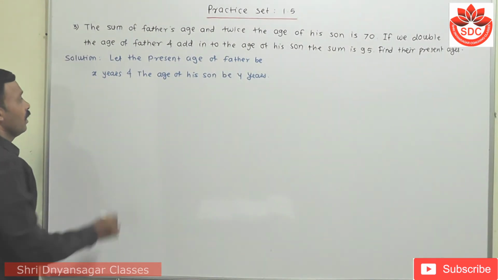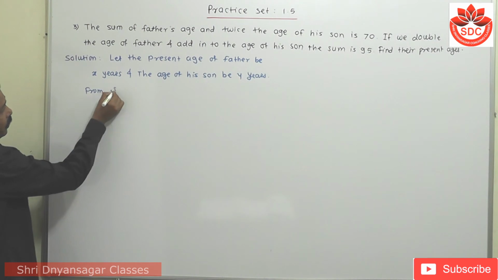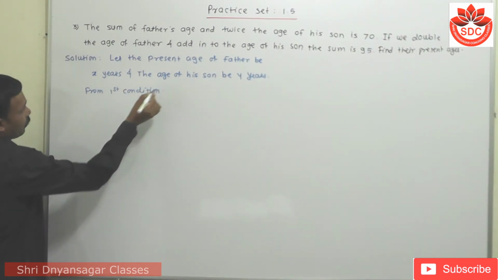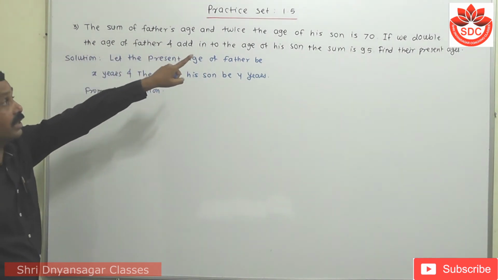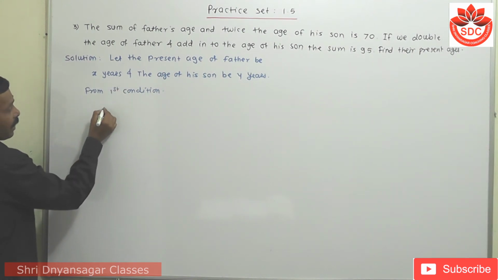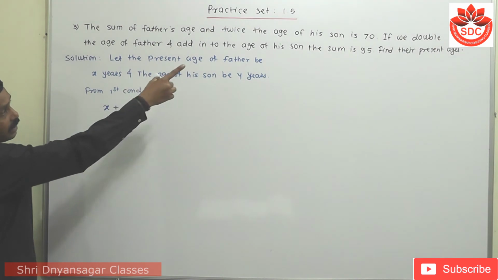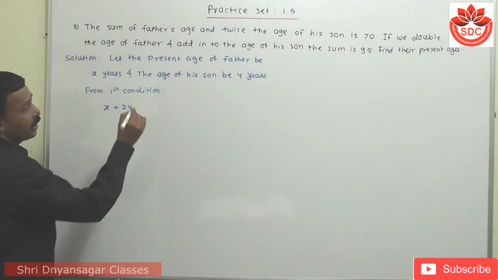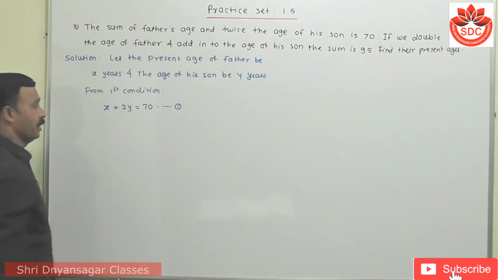Okay, then by using first condition, this condition tells us that sum of the father's age, which is X, and twice the age of his son, means twice Y, is equal to how much? 70. This is our equation number first.